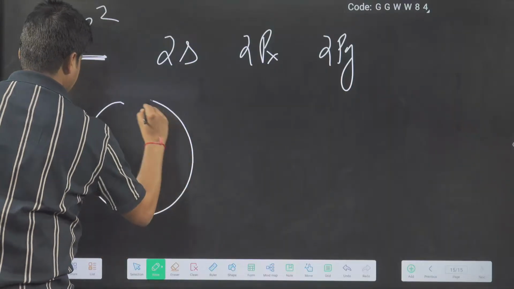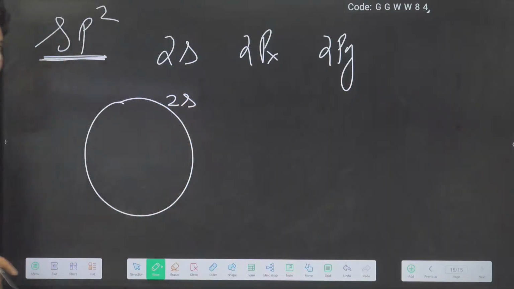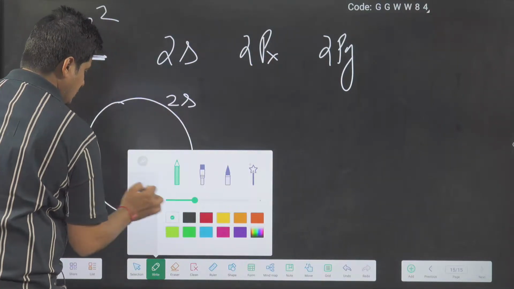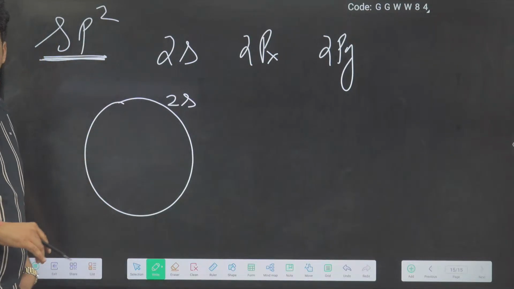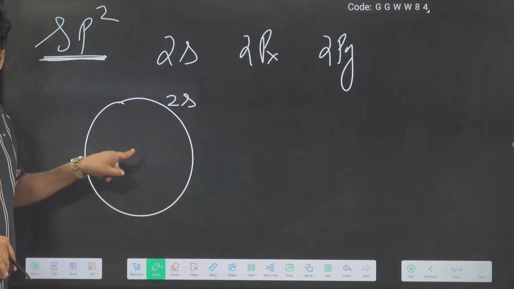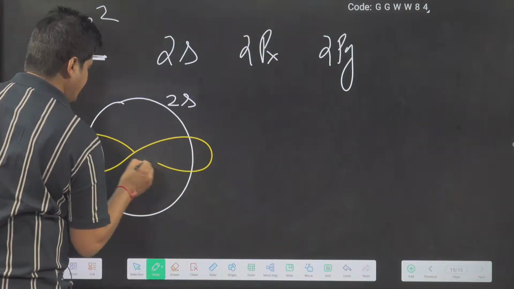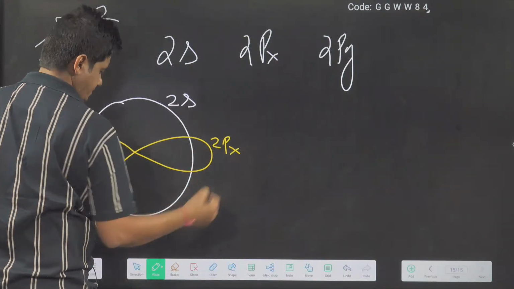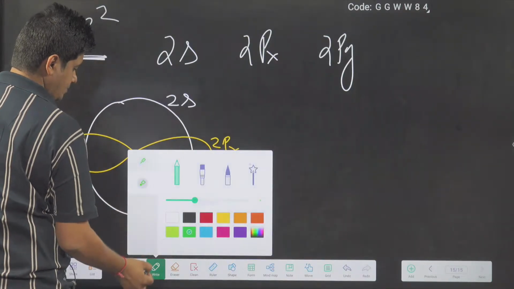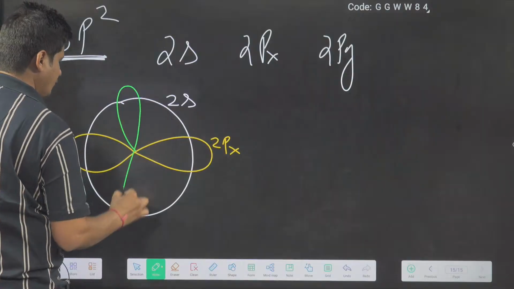This is a 2s. Now I will represent 2px for the same one. Let's say this is 2px and this is 2py.